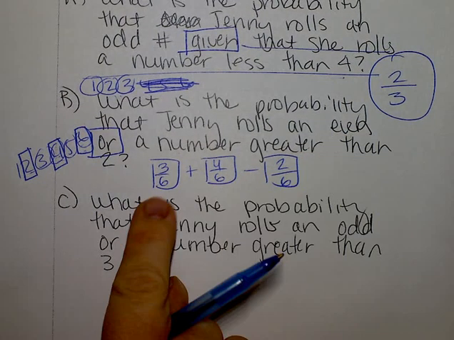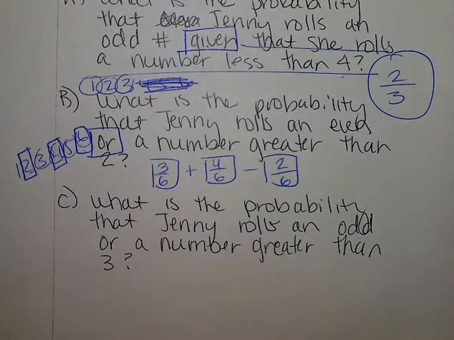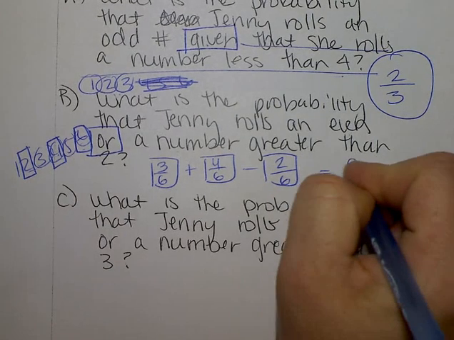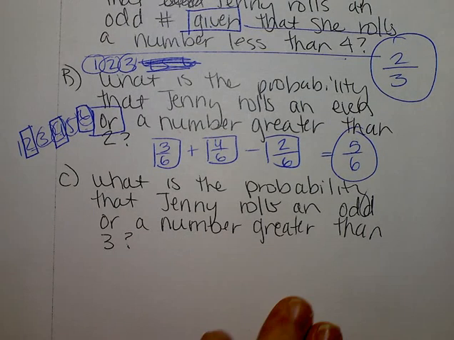Okay, grab your calculator. Put this in parentheses, please. 3 divided by 6 plus 4 divided by 6 minus 2 divided by 6. Okay, turn it back into a fraction, and the correct answer is 5/6.